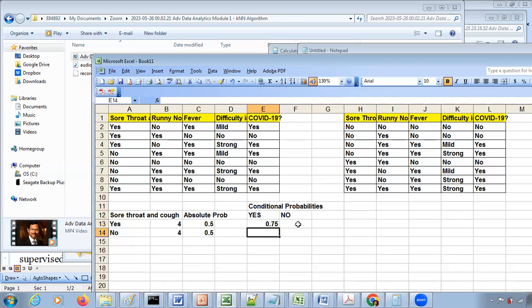Likewise, given that someone has sore throat and cough, which is yes, what's the probability that COVID-19 equals no? That will be 1 of the 4 cases.